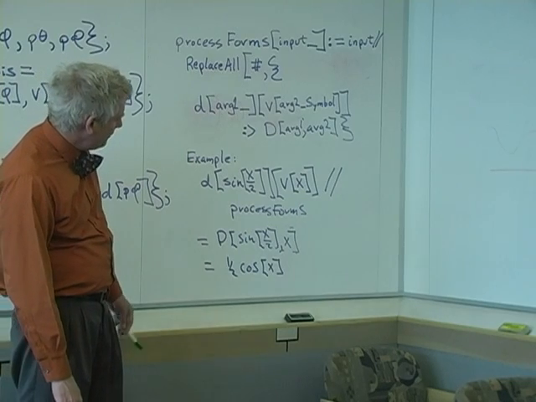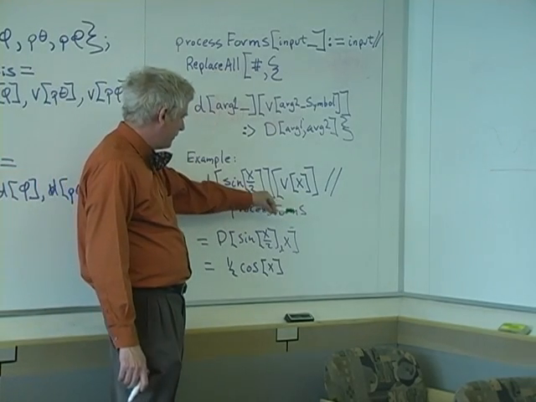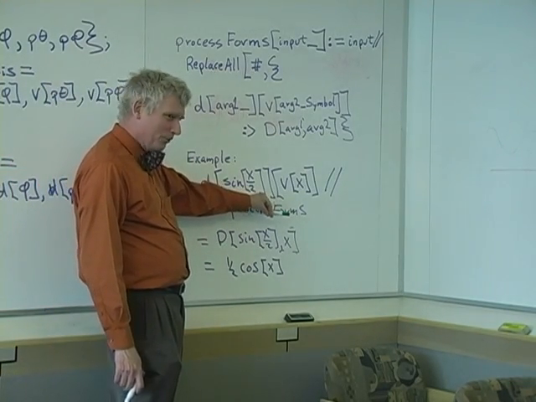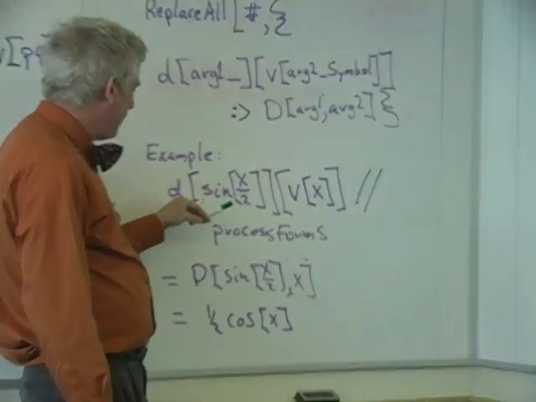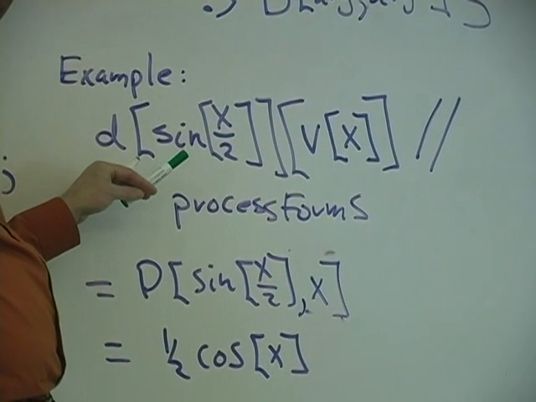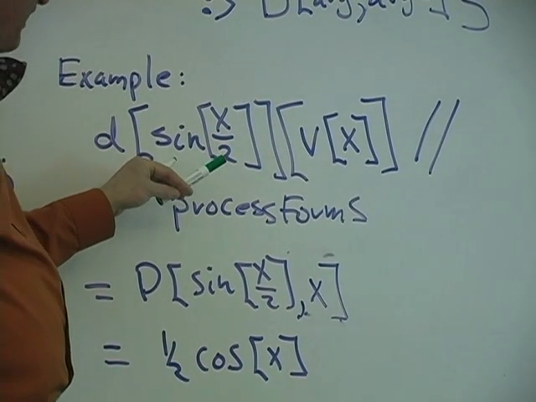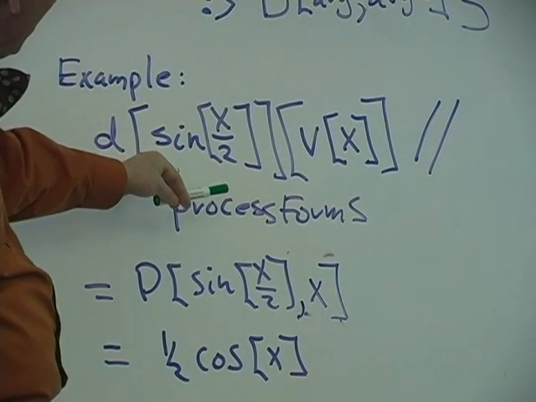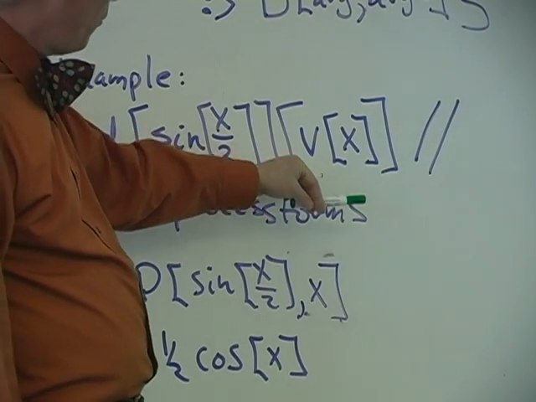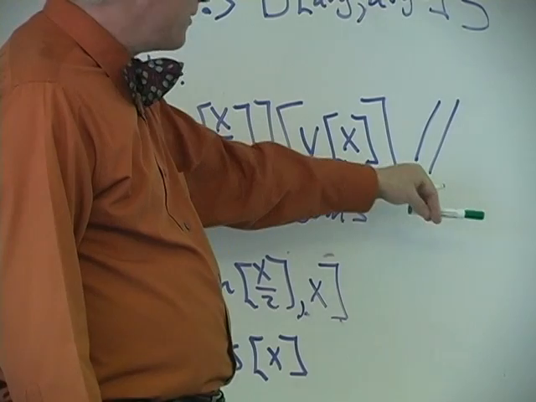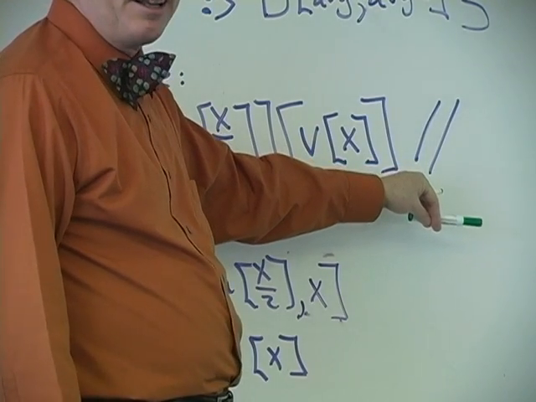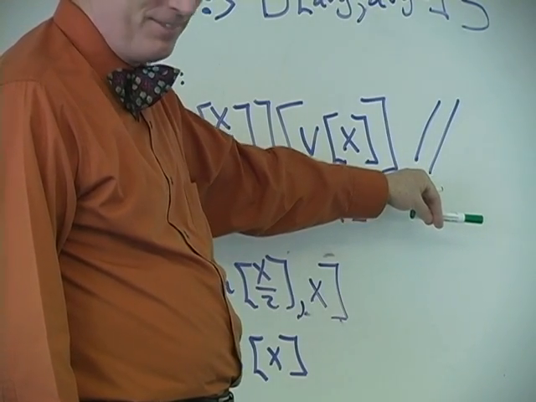So here we have a function, which is a zero form. It's operated on by an exterior derivative. And an exterior derivative of a function returns a one form. A one form is a machine that, given a vector, returns a number.